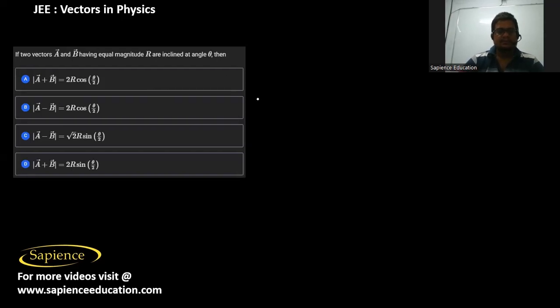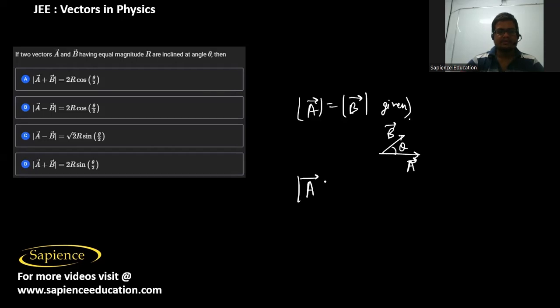And here it is told: if two vectors A and B having equal magnitude R are inclined at angle theta, then... Magnitude of A equals magnitude of B, this is given, and their magnitude is R. Then the magnitude of A plus B will be equal to how much?